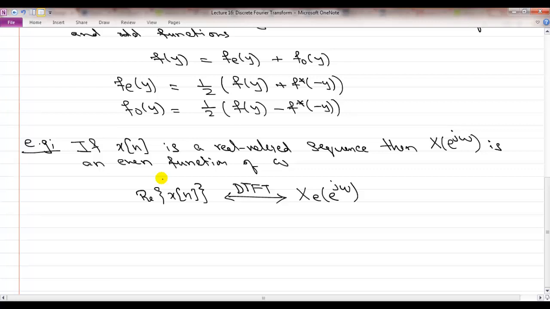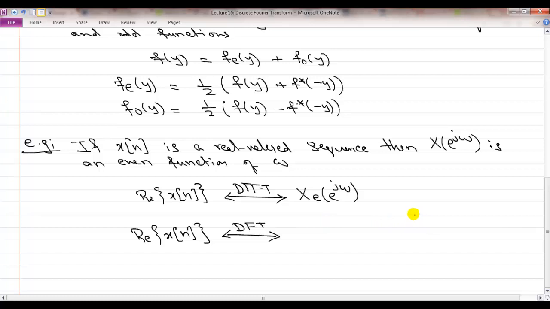But what is the meaning of that? Which even part it relates to is different from, for example, what you see in the case of the discrete time Fourier transform. So for example, if you are computing the real part of x of n, the DFT of that is not going to be the even part of the DFT sequence of the whole sequence.